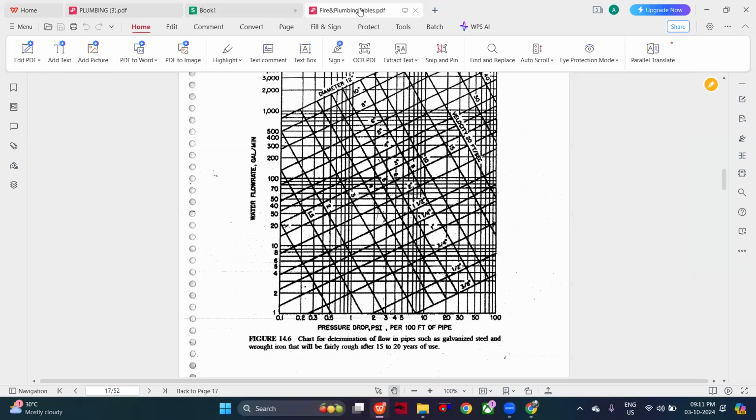Do you have that HVAC table? Does anyone have that table?